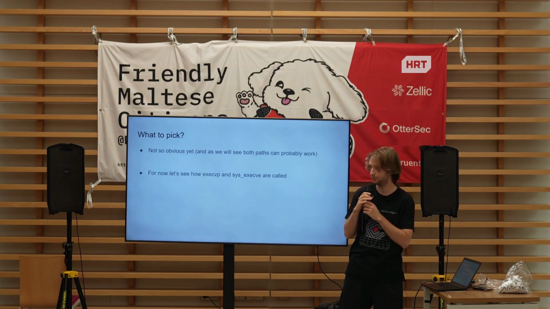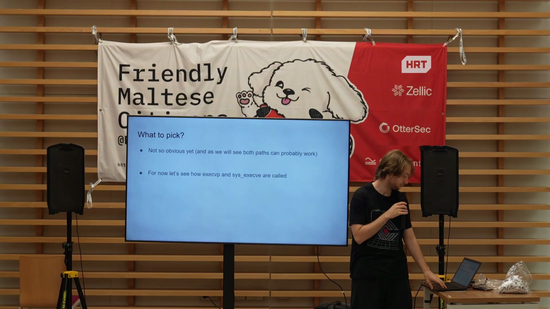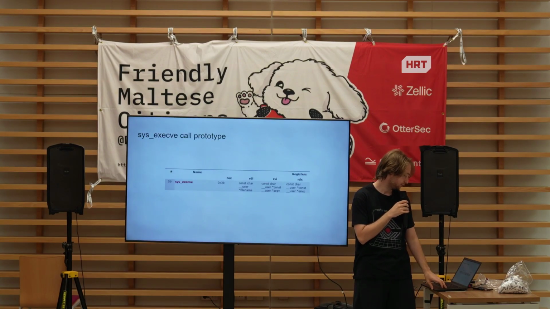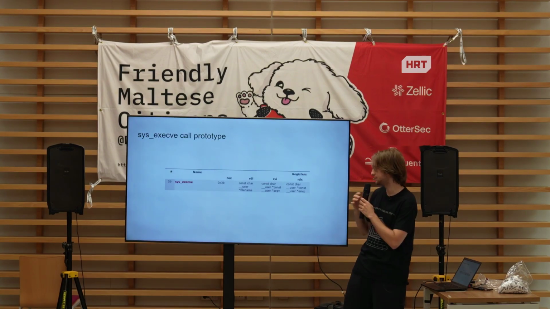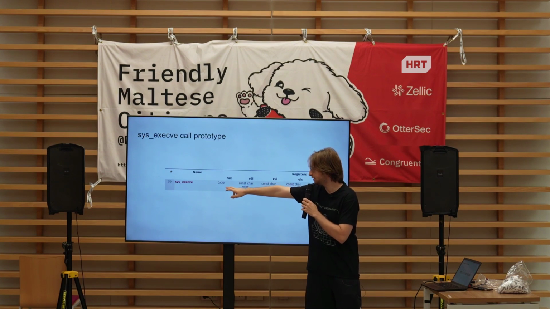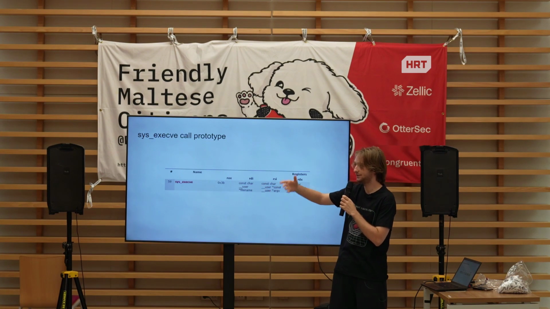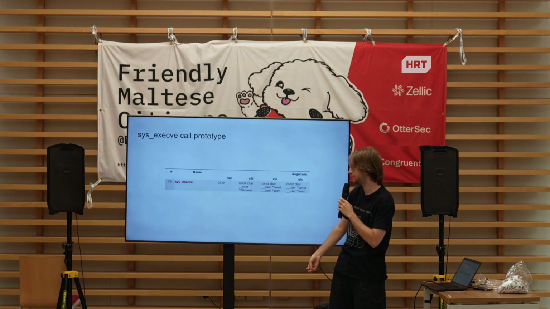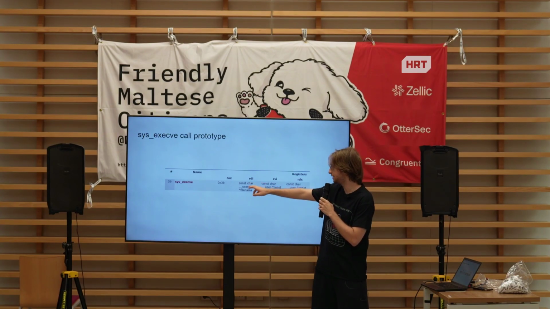So what I did was, okay, well, let's see how they are called, and we'll figure it out as we go along. So this is the call prototype. This is the syscall ID. Syscall, it has an ID to it that's identified, and the first argument is a pointer to the file name.